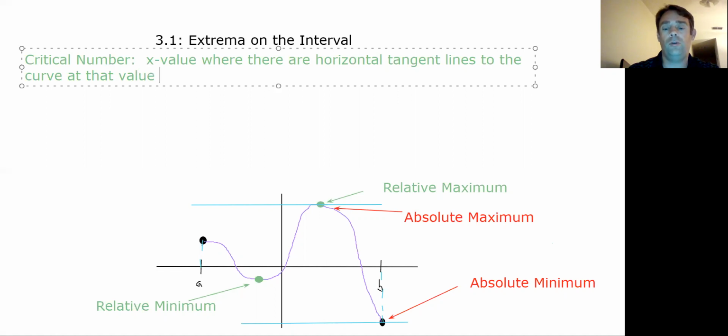A horizontal tangent line, remember, is a horizontal line, a flat line. So that's where our derivative is equal to 0, because that's the slope of a horizontal line.